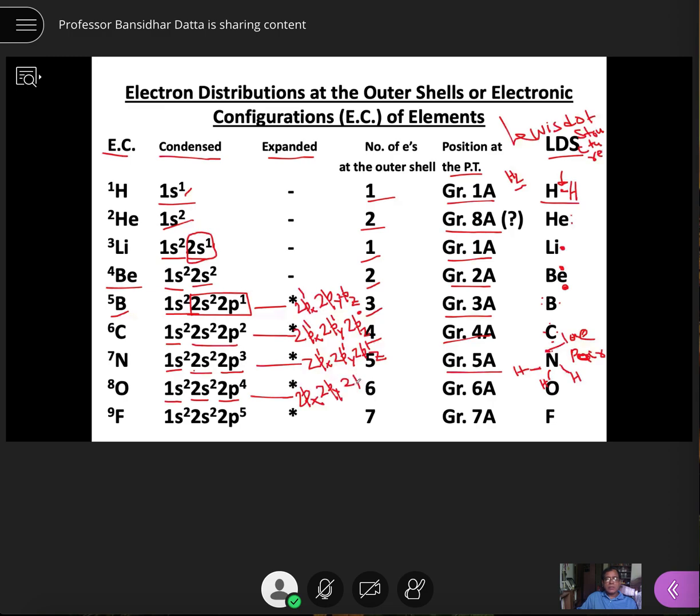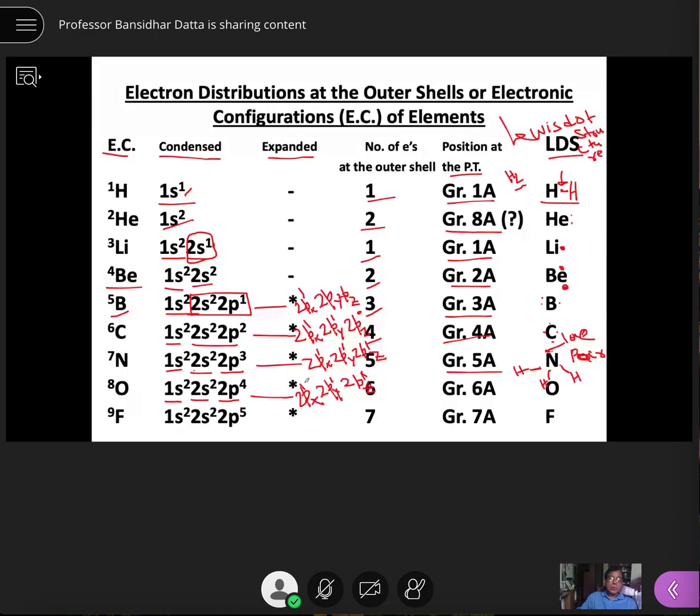You have 4 electrons in the p orbitals; they'll go 1, 1, 1 first, just like nitrogen. Then you have one additional electron.